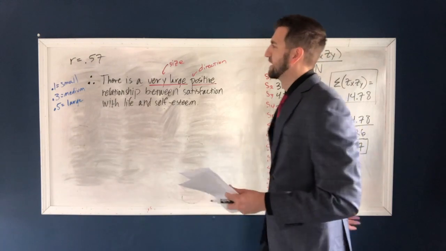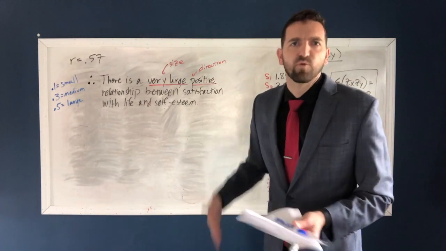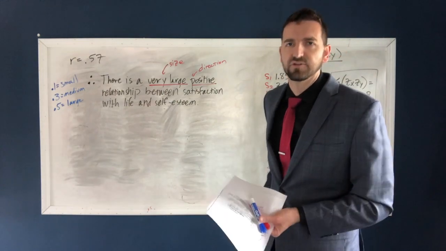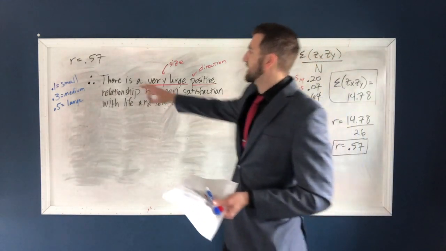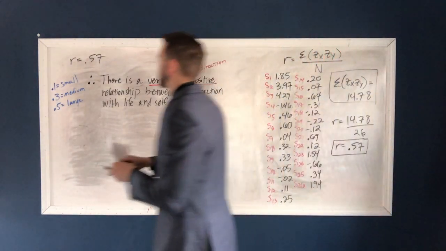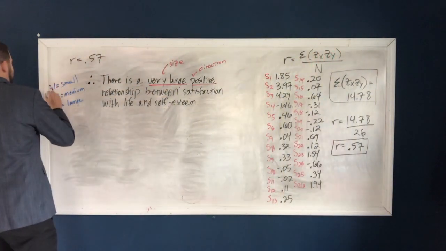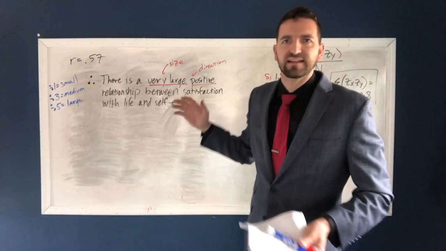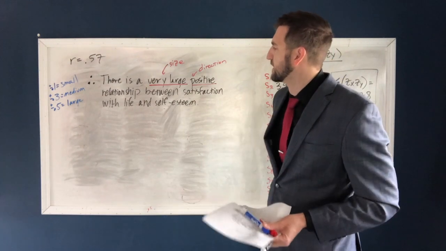So if it's less than 0.1, you can say very small. If it's exactly 0.1, you can say small. And by the way, this is all plus or minus, so let me add that. Plus or minus, because this has to do with size, it doesn't really care about direction.